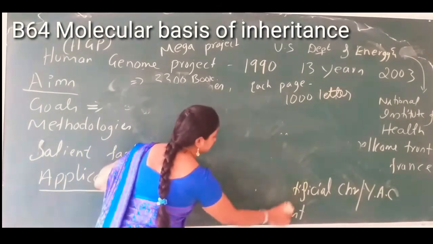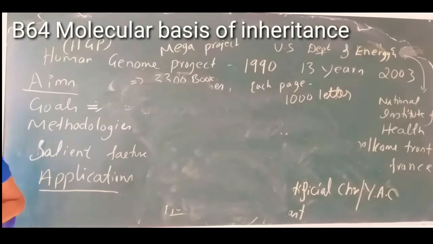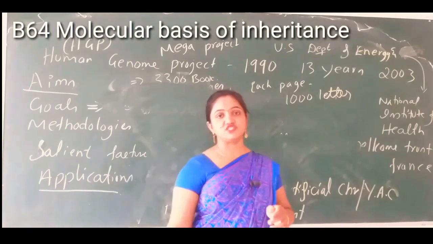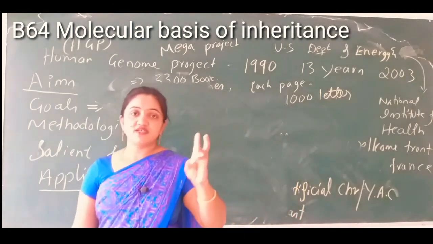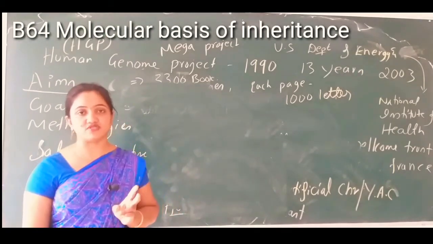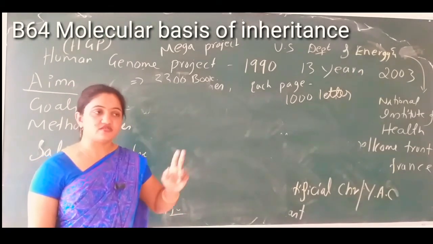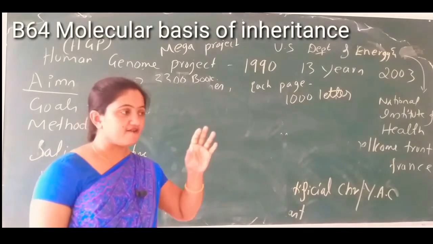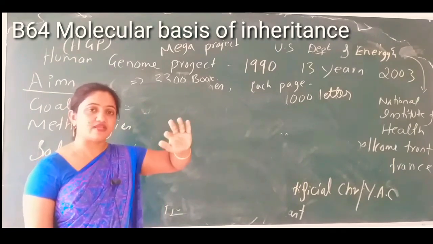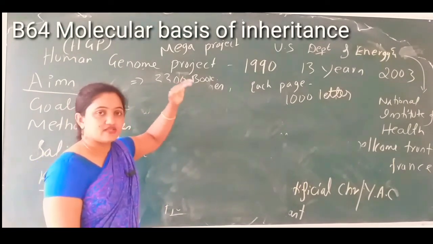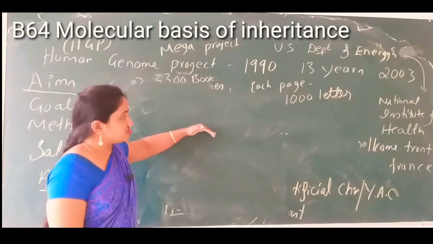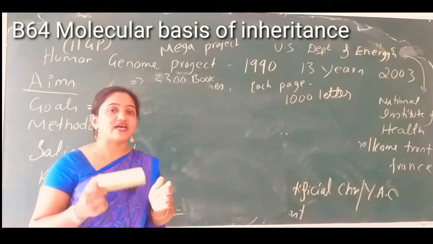The next thing is salient features. What are the salient features of HGP? Salient features are: first, they aimed the project. Next, they set goals for the project. The last concept is that after cloning and isolating, they came to know the characteristic features of the sequences and genes.